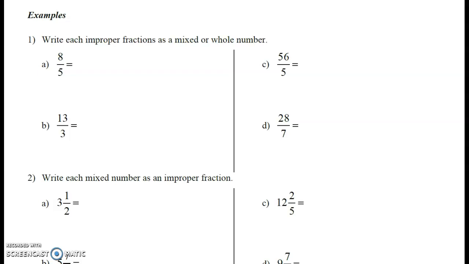If it's got 8/5, then we've got more than 5/5. So there's one whole, which would be 5/5. We've got 8/5 parts, so we've got another 3 left. So that would be 1 whole and 3/5.